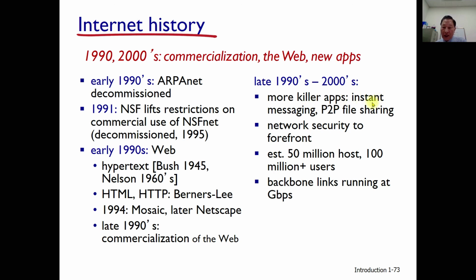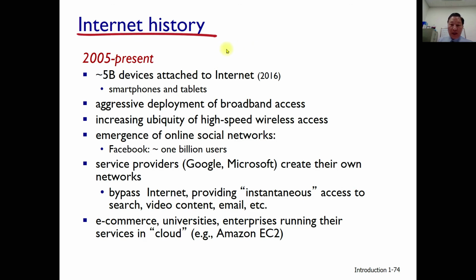More key applications appeared: instant messaging, P2P file sharing, and network security came to the forefront. Many hosts are attached to the network, and it is still growing rapidly. Backbone link speeds increased rapidly, and memory size also increased rapidly in computer architecture.